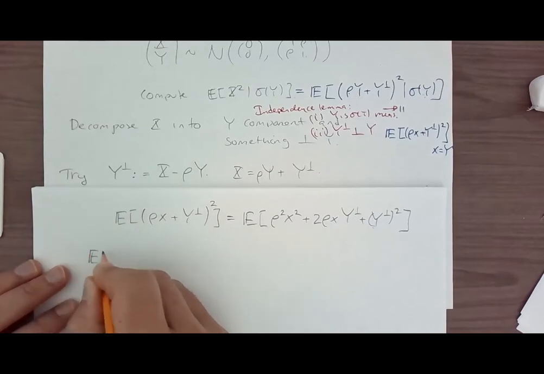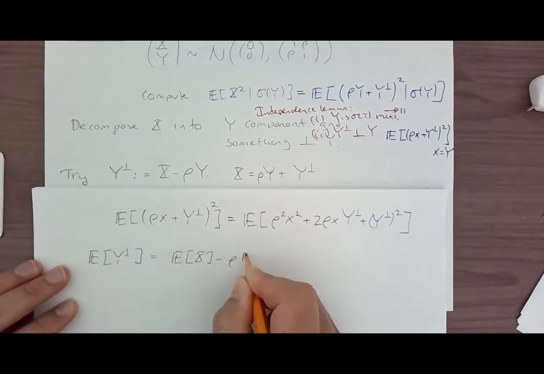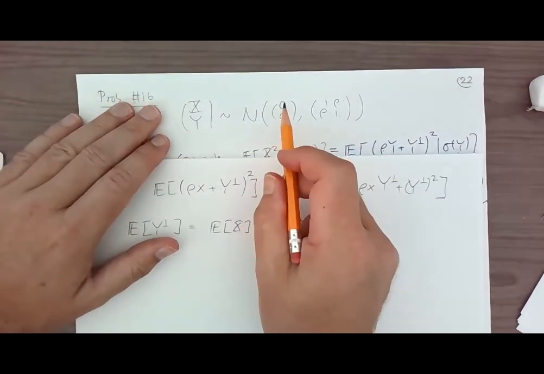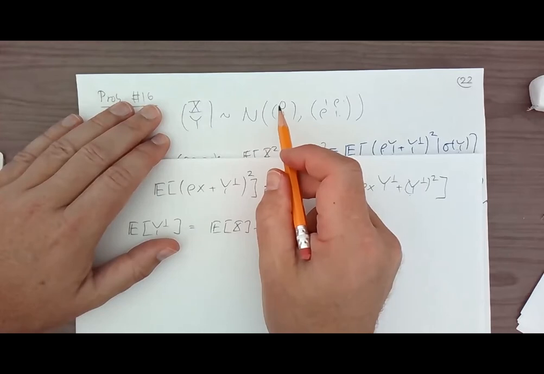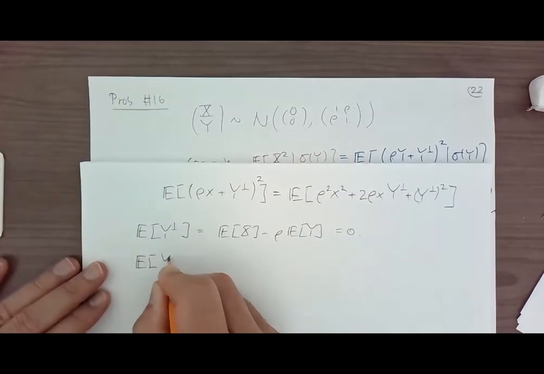So if I compute the mean, I think we already had that one. But this is going to be the mean of x minus rho times the mean of y. Well, that's 0, because both x and y had 0 means. And then we need the second moment, the variance.